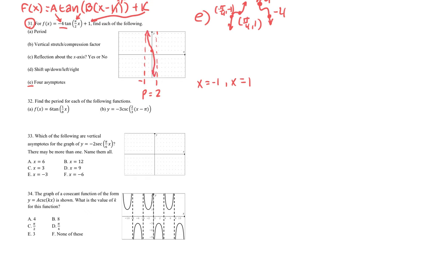Okay, and since we know that our period is 2, that means we'll have asymptotes every 2 in the x. So we're at 1, so we'd also have one at 3, at 5, at negative 3, and negative 5. So some of our asymptotes we could pick would be x equals negative 5, x equals negative 3, x equals negative 1, and x equals 1.